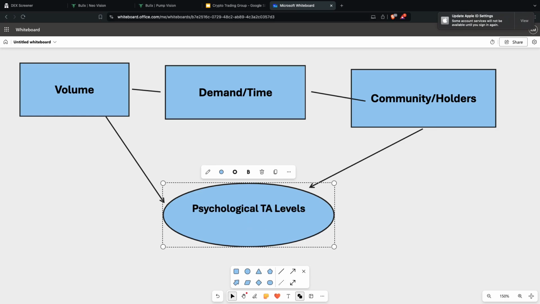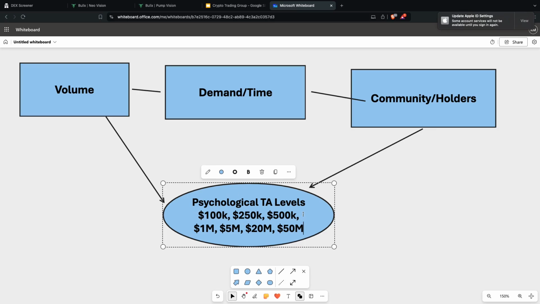By these psychological technical analysis levels, I mean 50K, 100K, 250K, and 500K, 1 million, and 5 million US dollars. Then from 5 million, the other psychological level is obviously 20 million. Then from 20 million, you have 50 million.